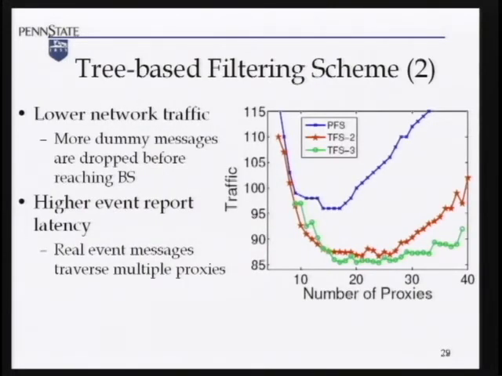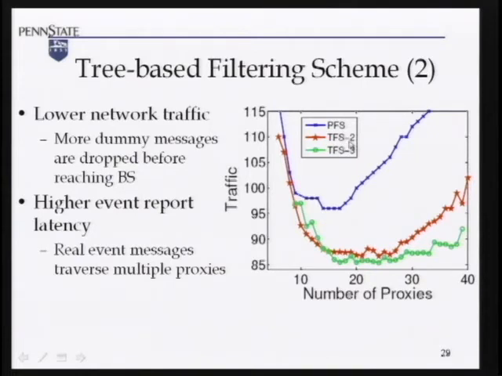In this way you can reduce the network traffic. Actually, let's see the overall performance here. In this case, we choose different numbers of proxies, and this is the traffic overhead. This is the one where we use the proxy-based scheme.